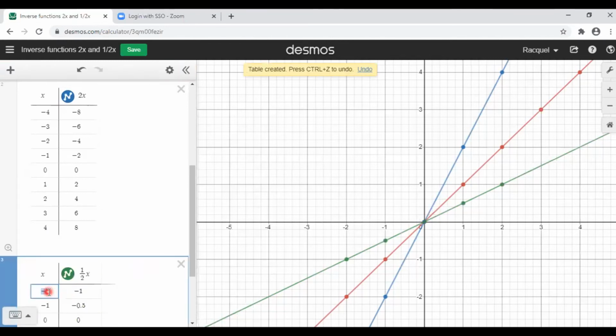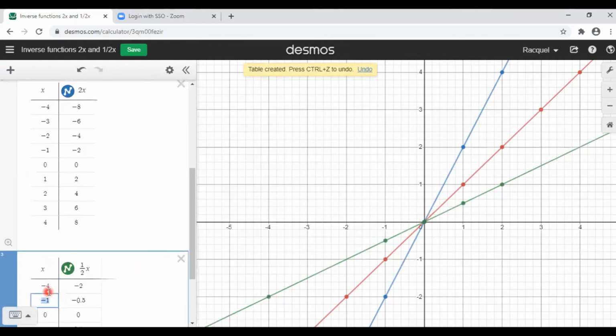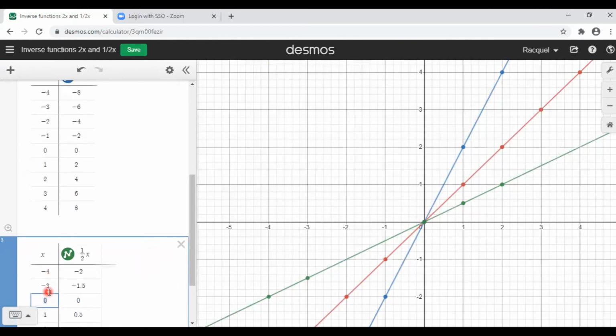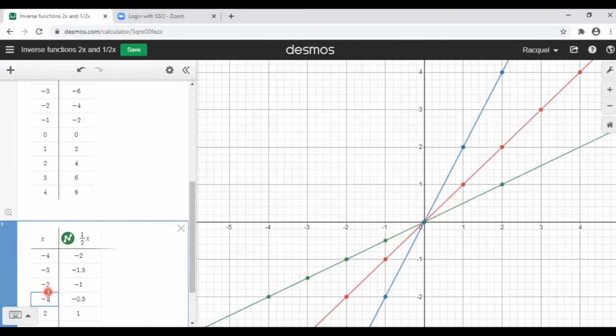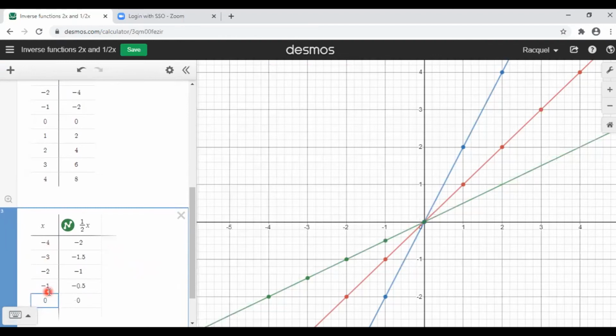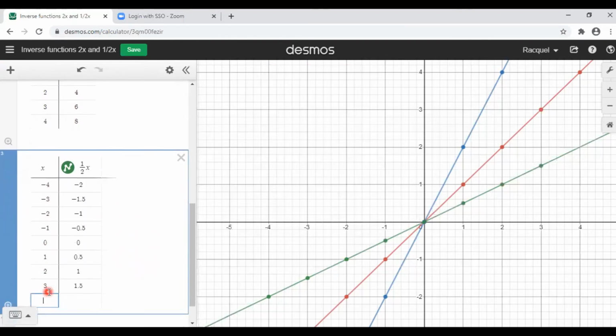So we make it as -4, -3, -2, -1, 0, 1, 2, 3, and 4. Okay, so as you can see, we have here points that say that the functions are inverse functions.